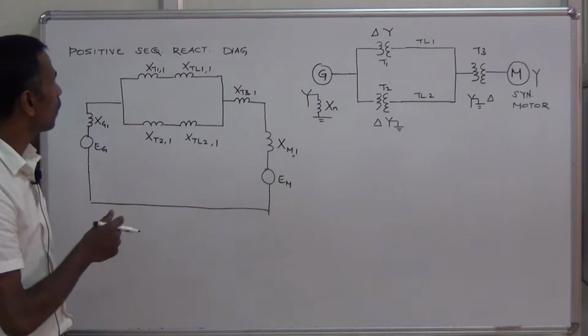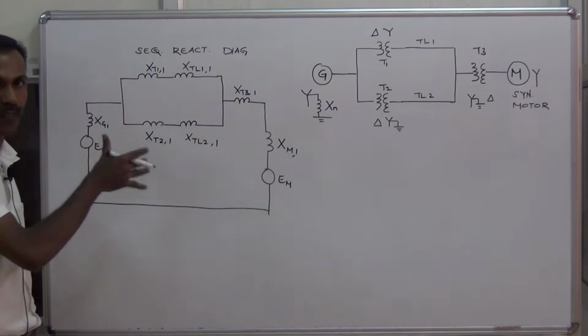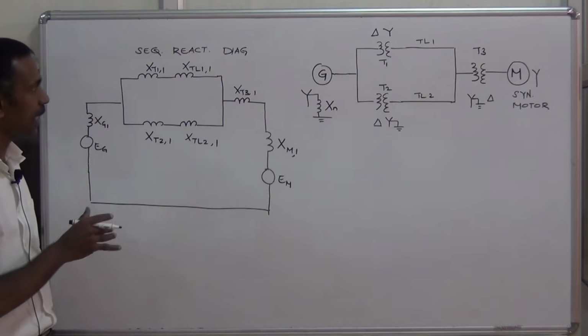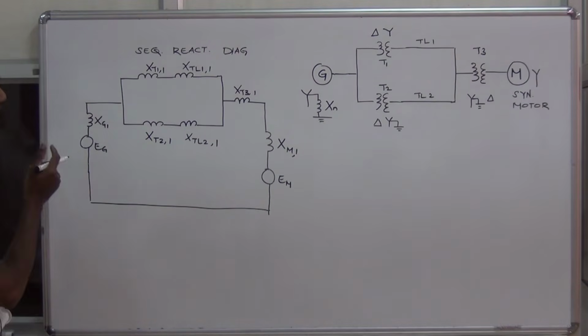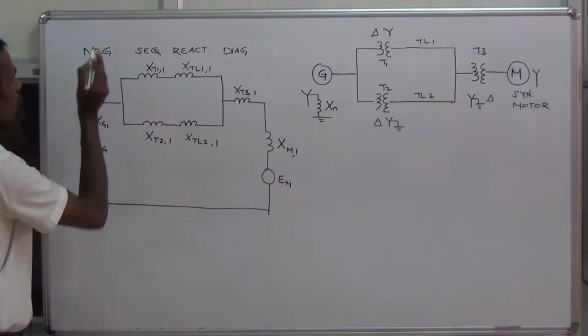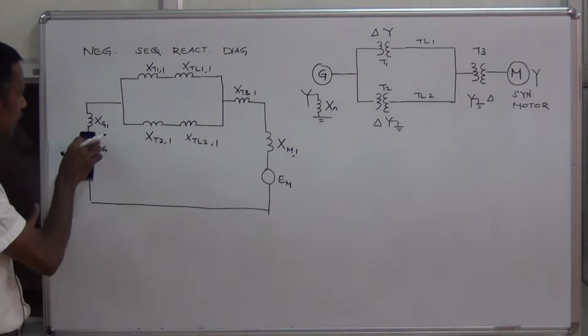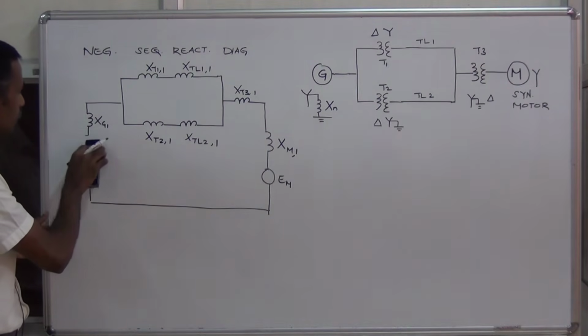Now let us draw the negative sequence reactance diagram. If you do some sort of modification in the positive sequence diagram, you will get the negative sequence reactance diagram. When it comes to the negative sequence reactance diagram, there is no voltage source.